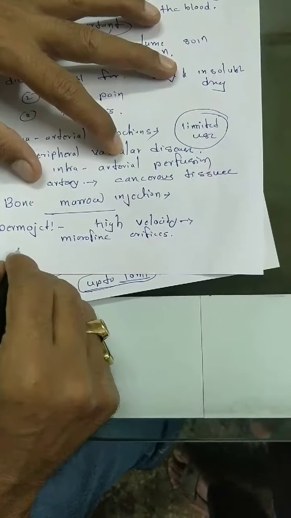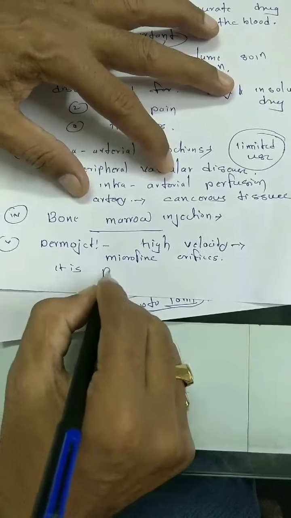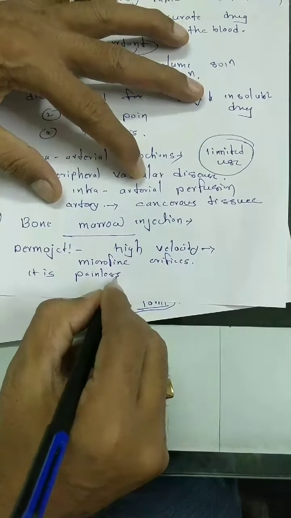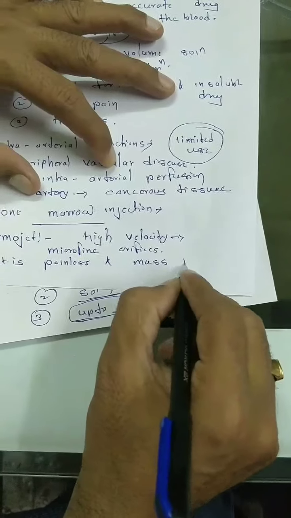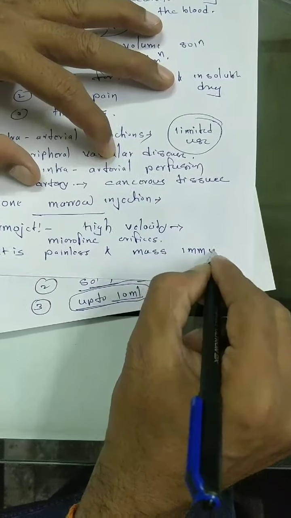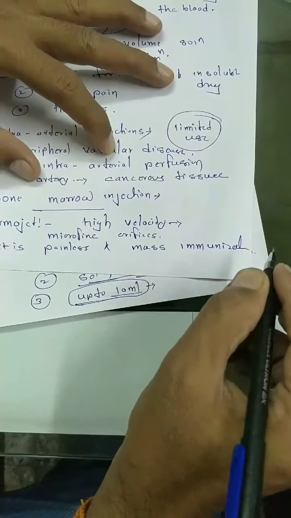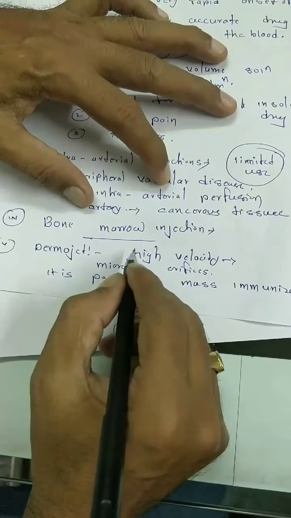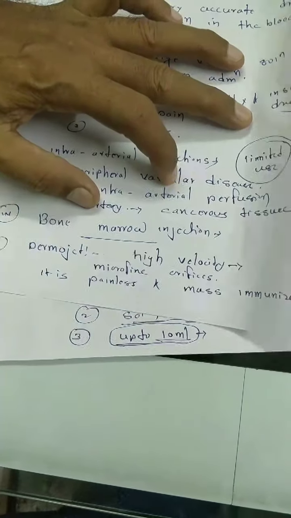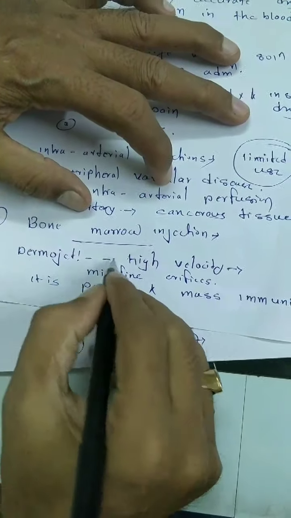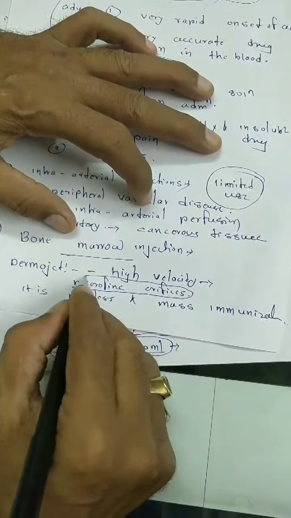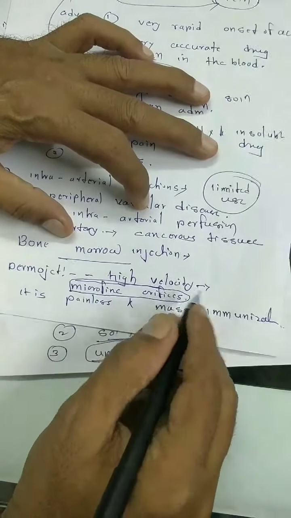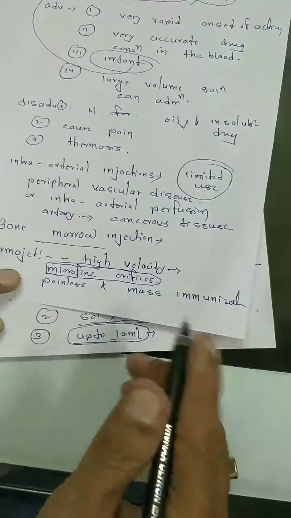It is painless, and it is used for mass immunization. The drug passes very fast into the body through the micro orifice. The skin has pores, and it is painless. It is commonly used for mass immunization, to increase resistance.